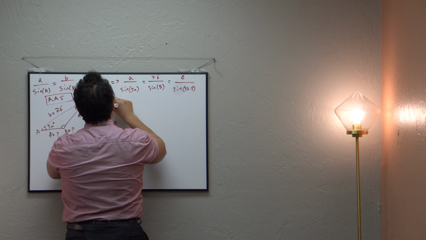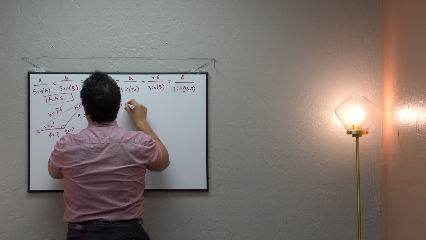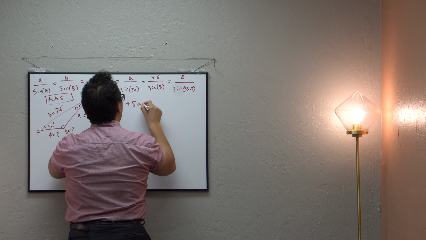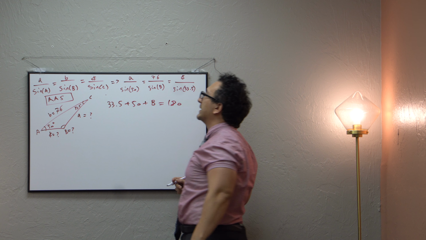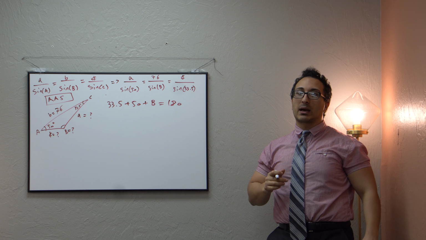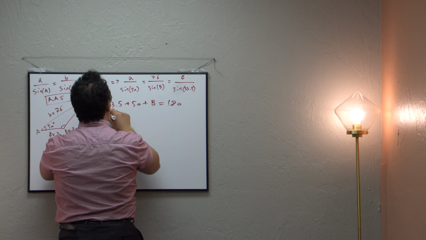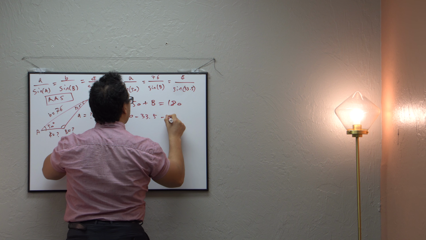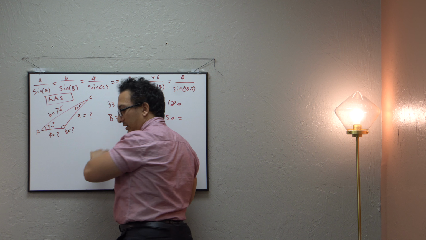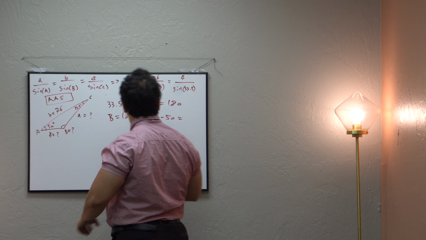So 33.5 plus 50 plus this unknown capital B should add up to give me 180. So I can solve for that capital B. It's really 180 minus 33.5 minus 50. And this results in 96.5.